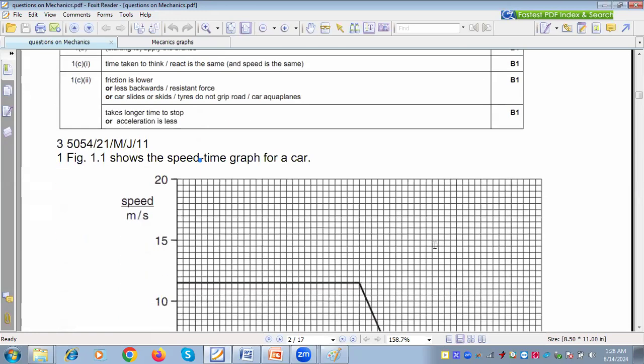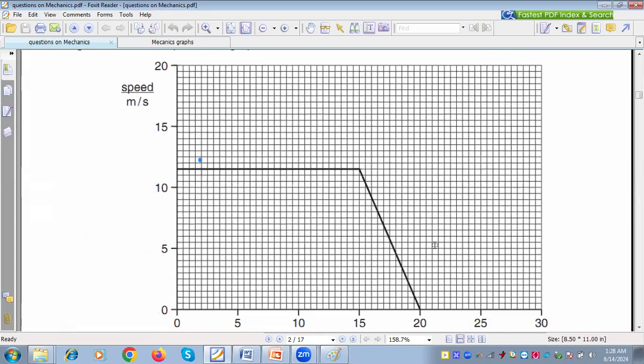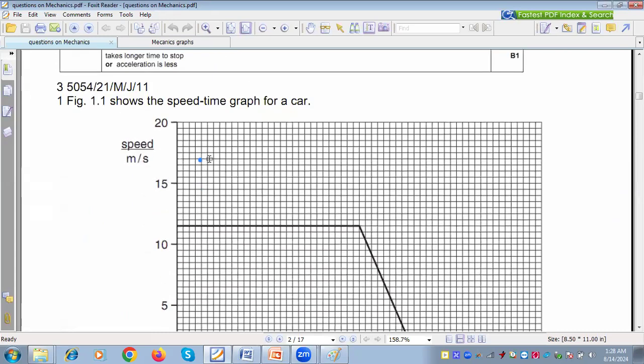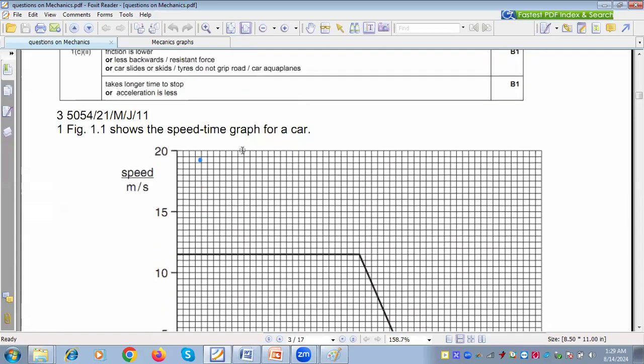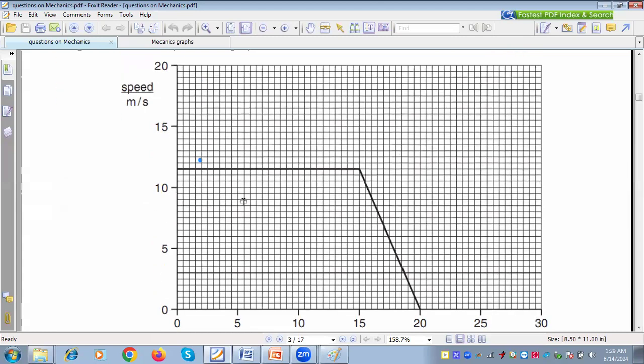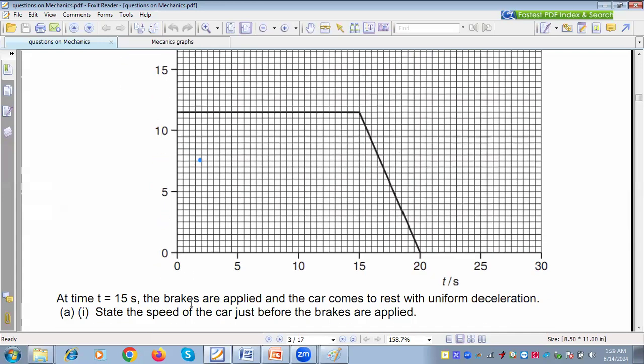So the car will decelerate less, or less acceleration, that is negative acceleration. The third question is also related to speed, that is speed time graph, and this is also about the thinking and braking distance. At t equals 15 seconds, the brakes are applied. The car is traveling. The speed is not mentioned. You have to note down the speed. Here, one small division is equal to 0.5.